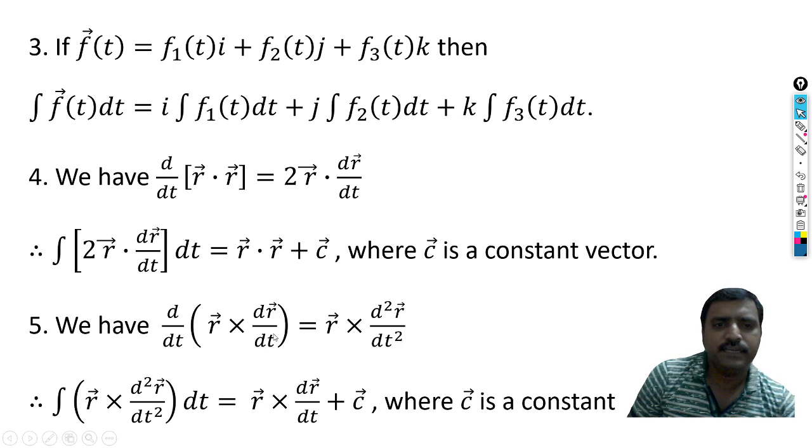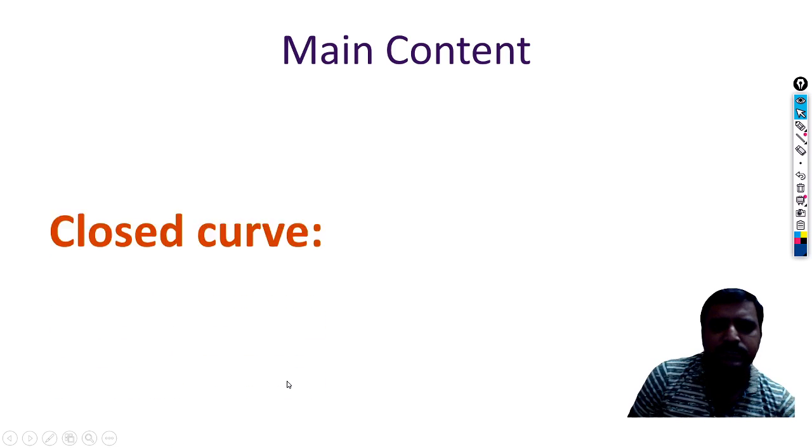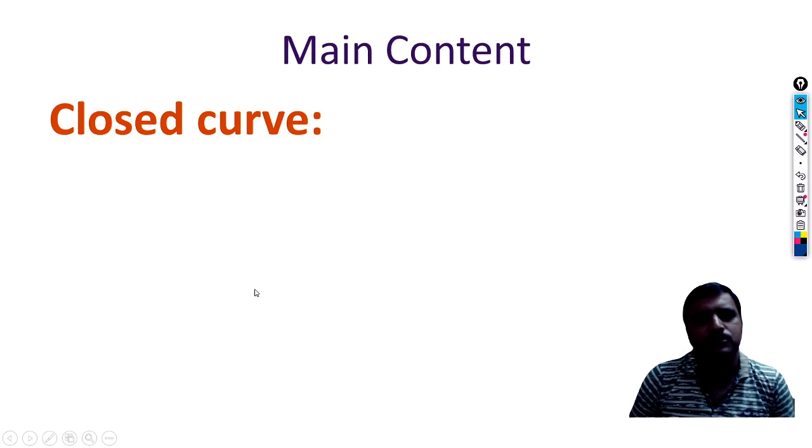Similarly, another fifth result: d by dt of r cross dr by dt is r cross d square r by dt square. Here cross means the cross product of the vector r and dr by dt. Therefore the integration of r cross d square r by dt square with respect to t is equal to r cross dr by dt plus constant.